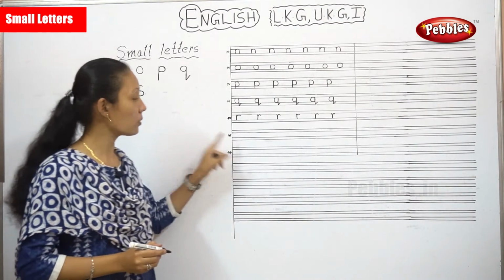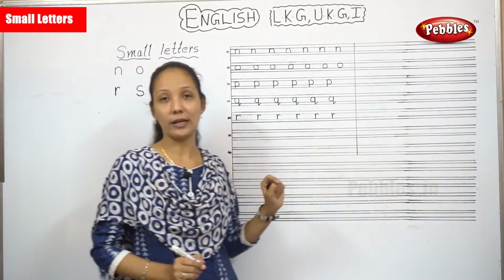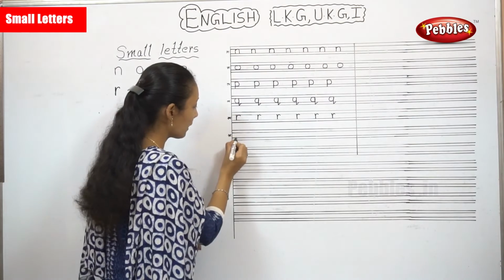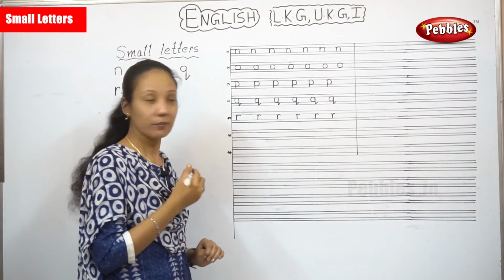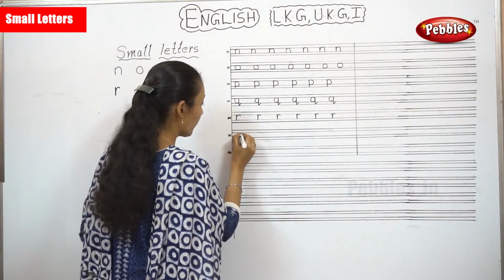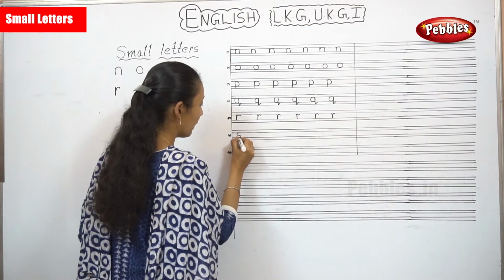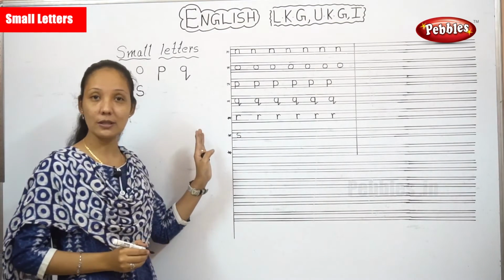Now shall we see how to write small s in your 4 lines? Even for your small s, children, you must use only your second line and your third line. Alright. Now, second line and third line, a small s. What alphabet is this?